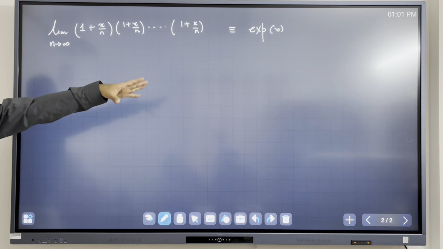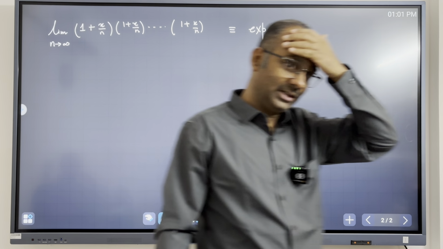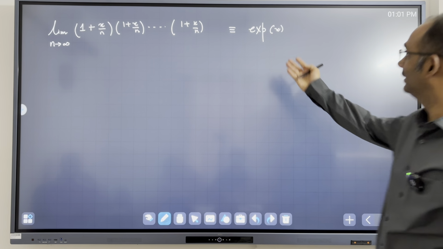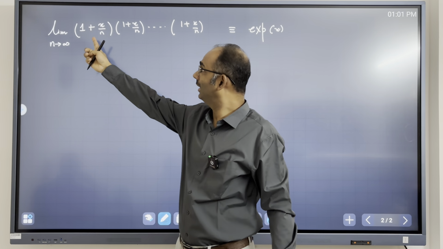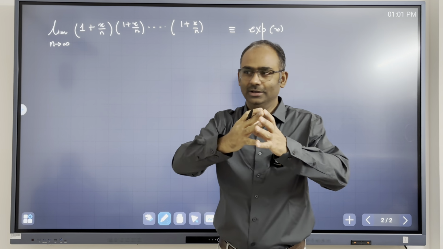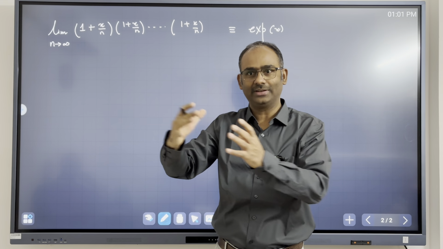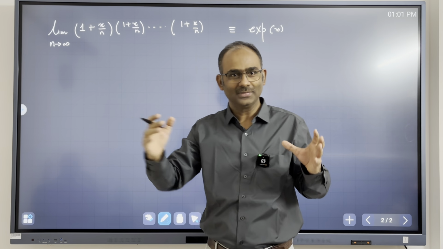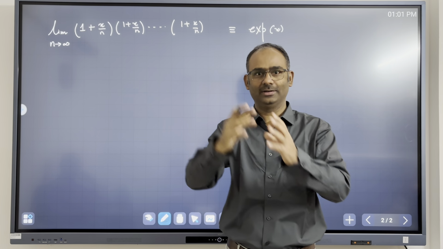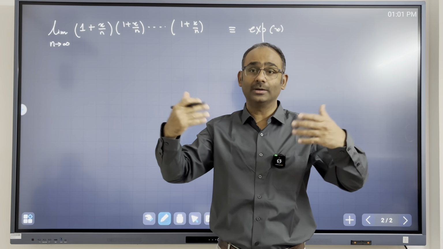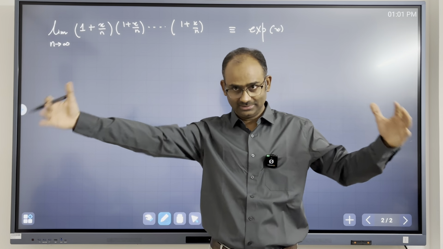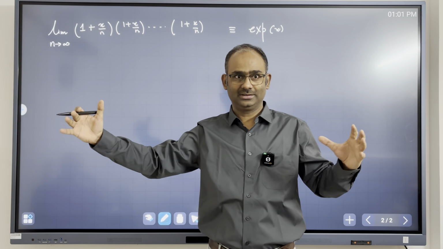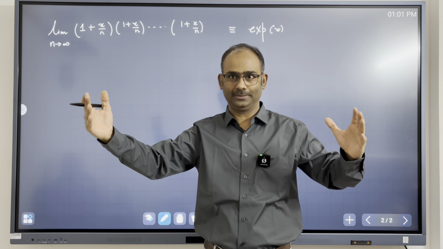Now when I write this, it's not clear whether this thing really exists. Here n going to infinity means you have infinitely many such factors. So 1 plus x over n, 1 plus x over n, 1 plus x over n, but n is, let's say, 1 billion. So you have a billion such factors. But not just a billion, we want to take n to infinity.